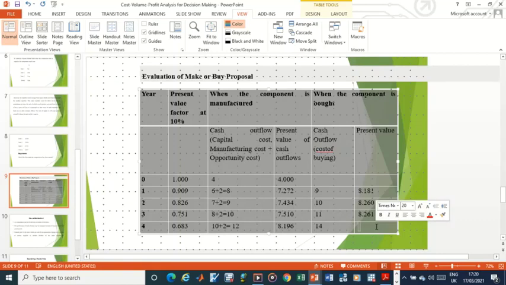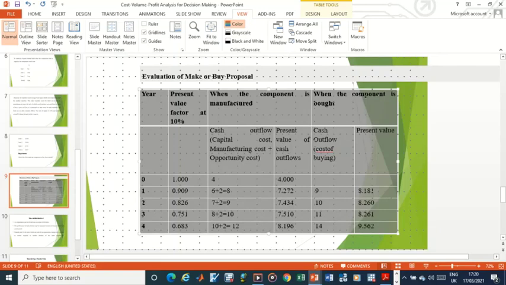Lastly, for the fourth year, we have the cost of 14 million. So to arrive at the PV for the fourth year, we multiply 14 by 0.683, and that gives us 9.562.